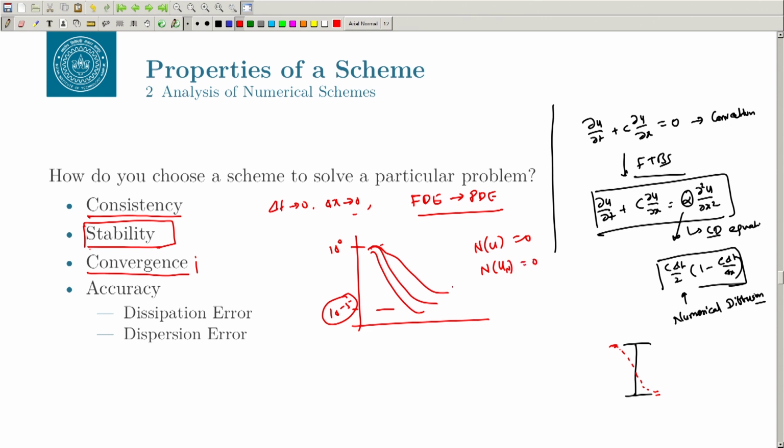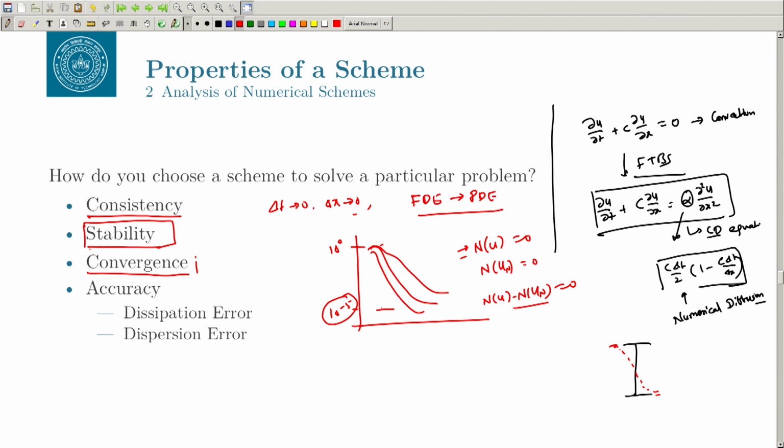You want to see the difference between the two. This convergence is nothing but the difference between the two, N(u) minus N(u_n), for different variables and different equations. This may be your continuity equation, momentum equation, or energy equation. You look at the difference between the two, and when it goes to a certain level, you say that it is converged.